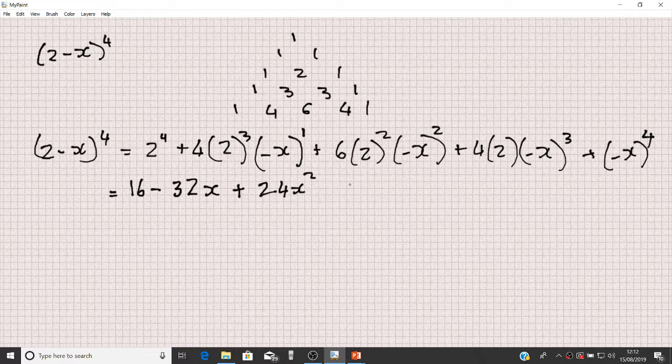And the next term we're going to have a negative because it's a negative x cubed, and that's negative 8x cubed, and the final term is positive x to the power of 4. And that's the simple expansion using Pascal's triangle.